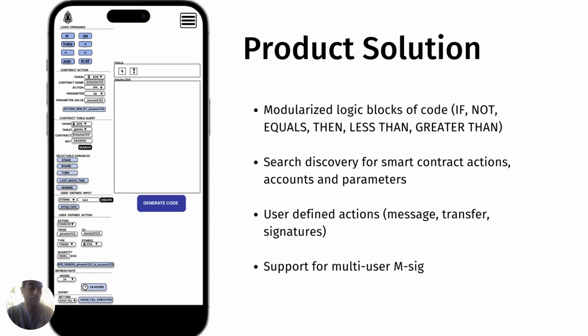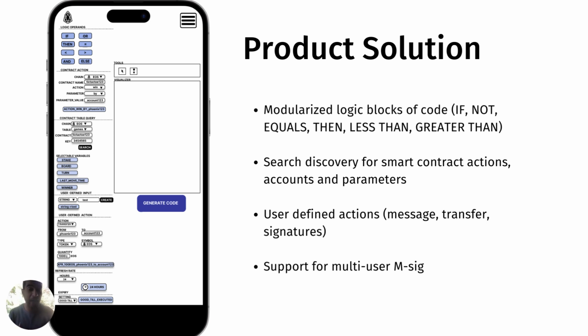So the product solution here is something that would incorporate modularized, already built or templated logic blocks. So think if not, equals then, less than, greater than, that are draggable into an interactive interface. And we would enable search discovery, right, for existing smart contract actions, accounts, and parameters, as well as introducing new ones at a later date within the evolution of this product.